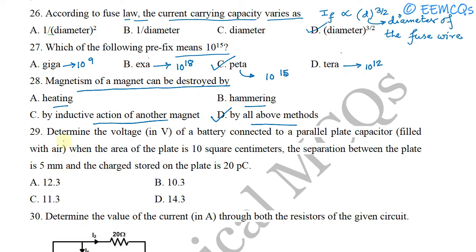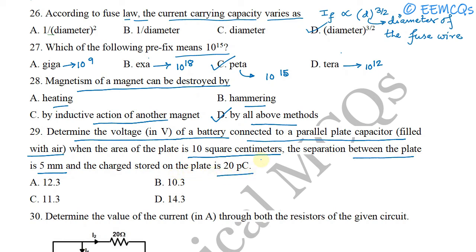Next question. Determine the voltage in volts of a battery connected to a parallel plate capacitor filled with air when the area of the plate is 10 square centimeters and the separation between the plates is given by 5 mm. Charge stored on the plate is 20 picofarad.